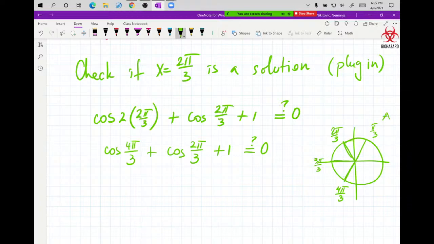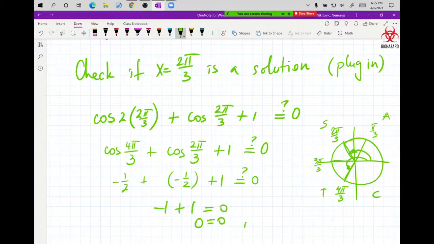So all students take calculus. That's a negative and that's a negative. So cosine of pi over 3 is 1/2, which means that this one is negative 1/2, plus this one is negative 1/2, plus 1 should be 0. Negative 1 plus 1 equals 0, 0 equals 0, yay. It works.